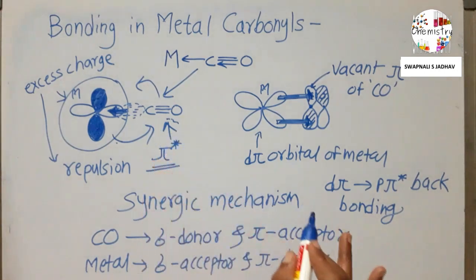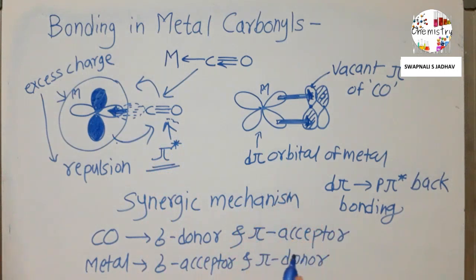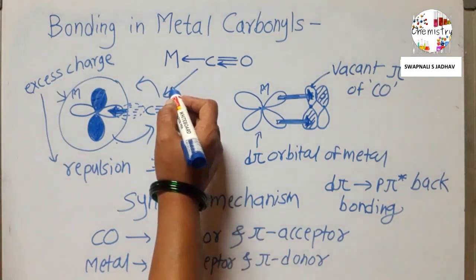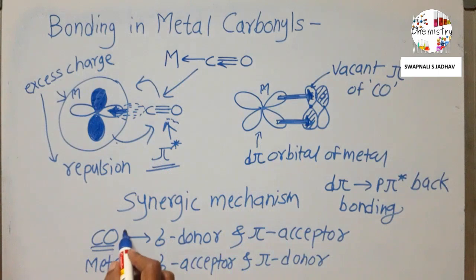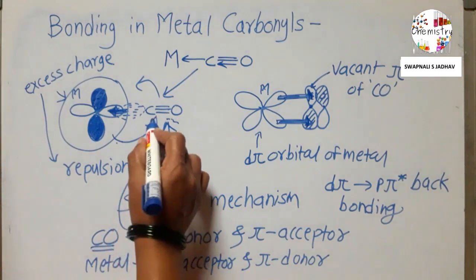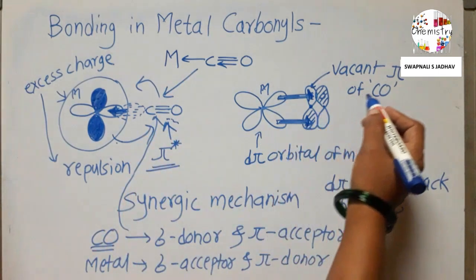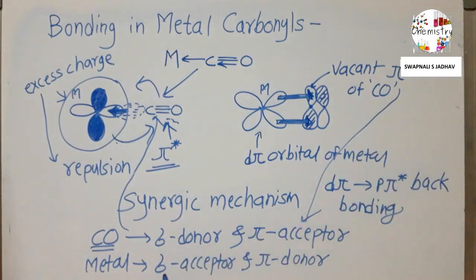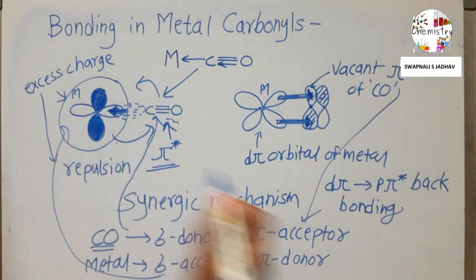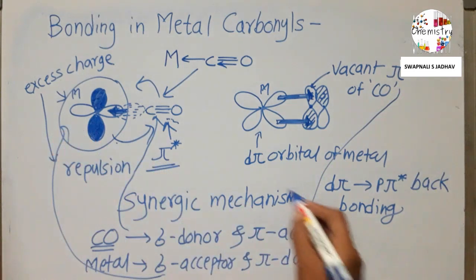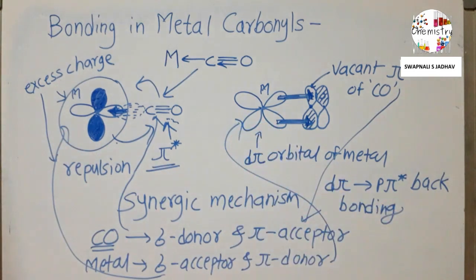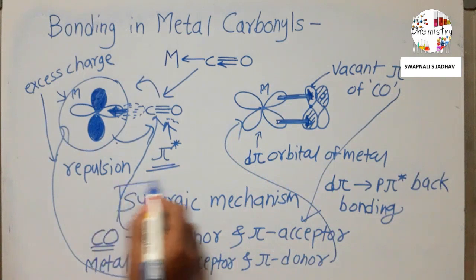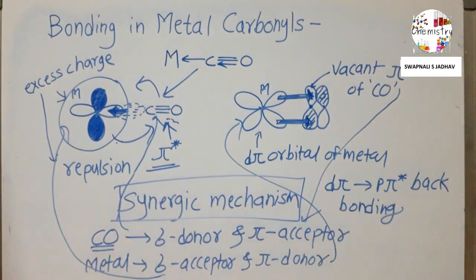It forms strong bonds, bonding in metal carbonyl. So here the first time the carbonyl group acts as the sigma donor, and in this case it acts as the pi acceptor, while here the metal acts as sigma acceptor and here the metal acts as pi donor, and it is known as the synergic mechanism.